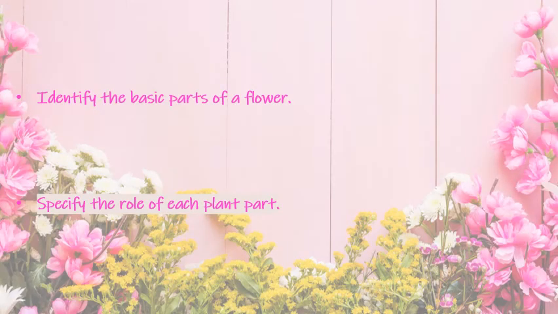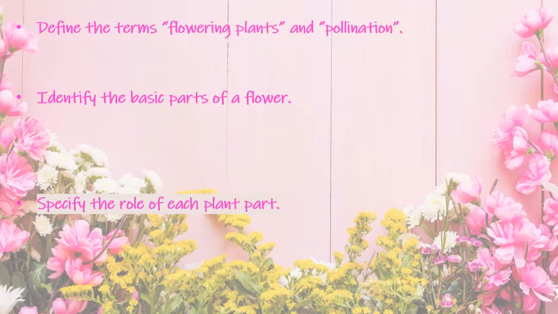So, what do you need to know? You need to know how to explain the words flowering plants and pollination. What's a flowering plant, guys? Yes, a flowering plant is a plant that makes flowers. And since this plant has flowers, it means that this plant can make babies. This plant makes seeds.